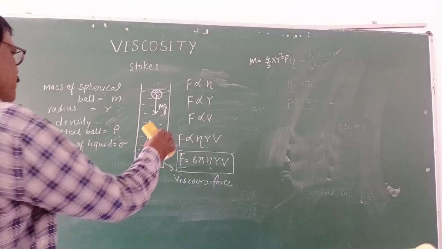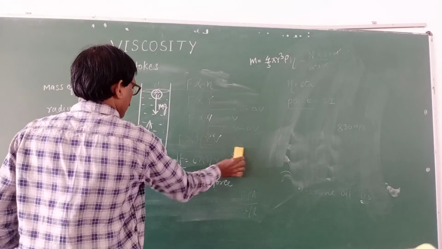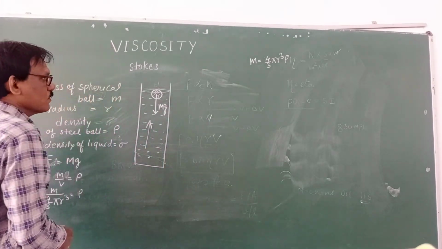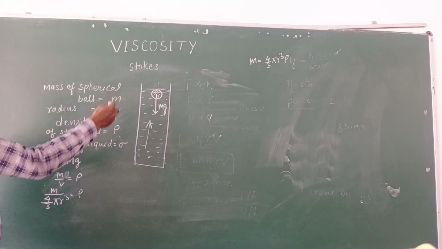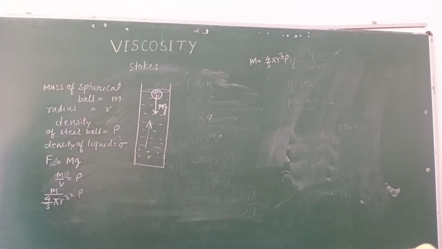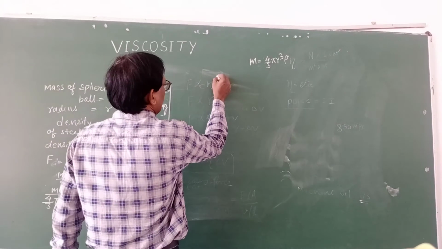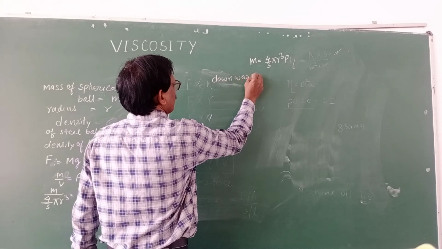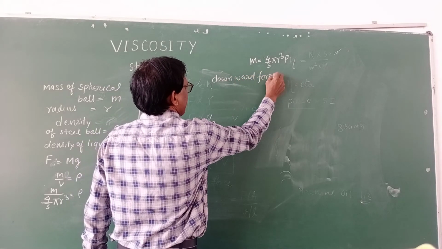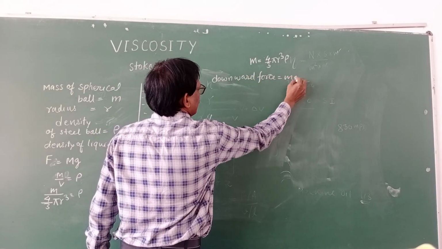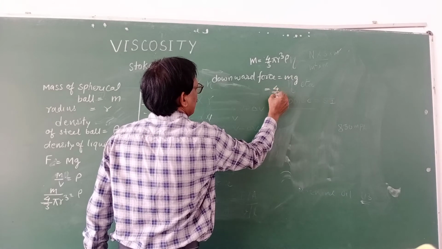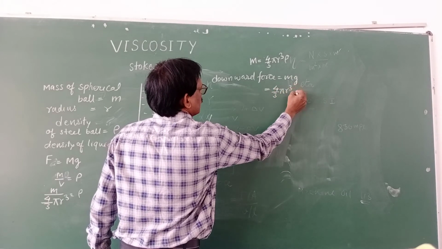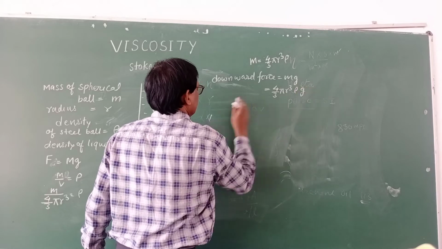This is the m acting on the ball. So what will be the downward force on that ball? The downward force will be mg, and it will be 4 by 3 pi r cube rho g.